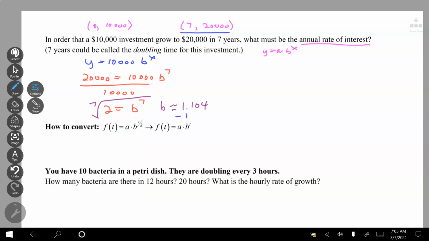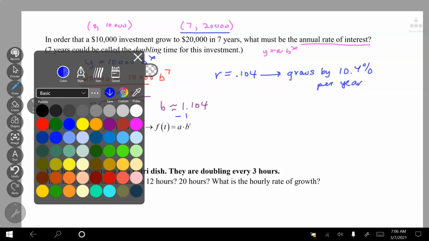I'm going to subtract 1 from it. So I get r is equal to 0.104. I change that into percent, and I say it grows by 10.4% per year. So if it takes 7 years to double your money, you're growing by a little bit more than 10% per year.